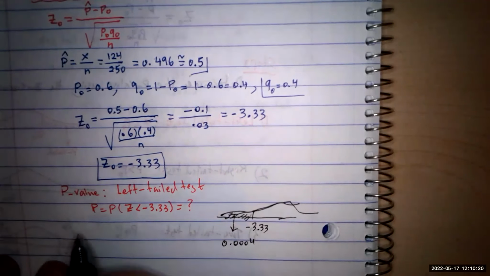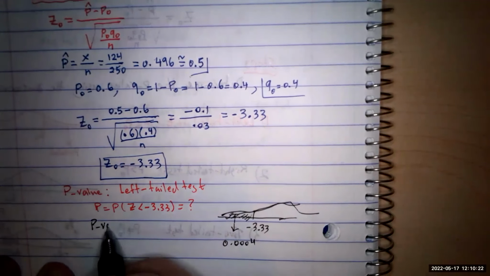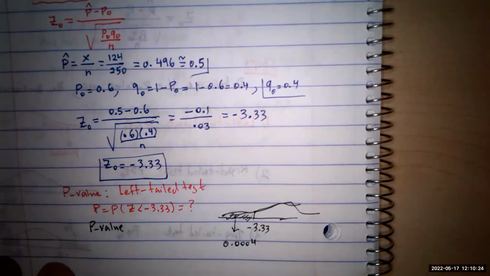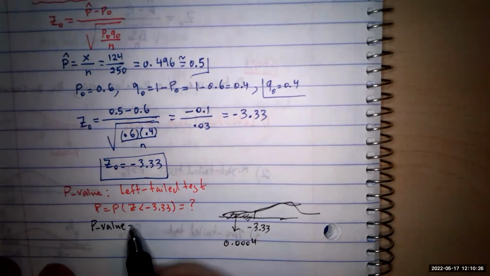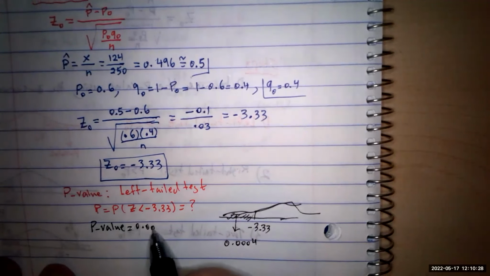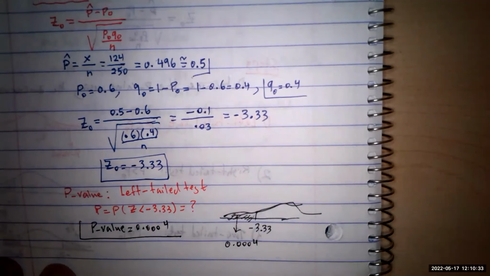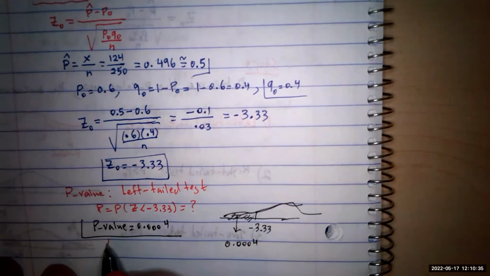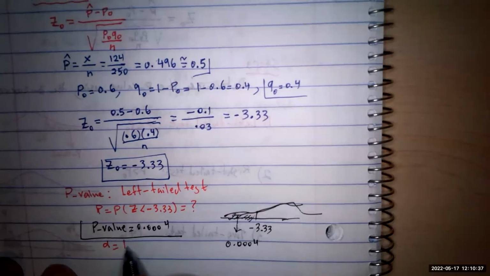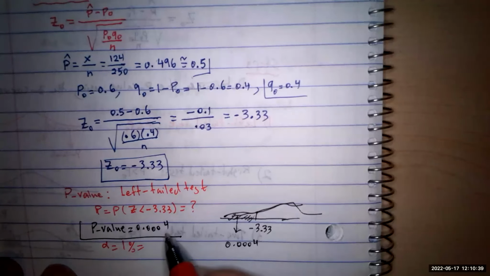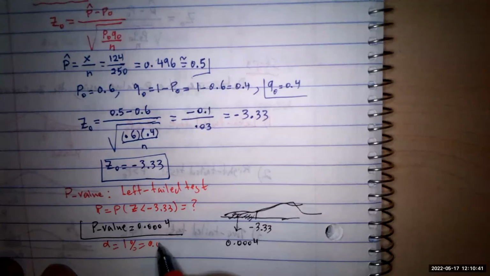So the p-value is going to be 0.0004. I bring the alpha to compare. Alpha is 1%, it's going to be 0.01.